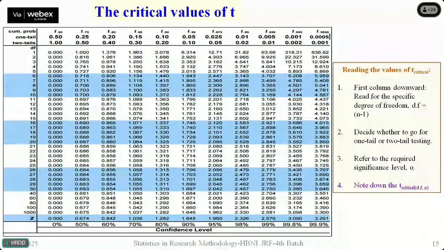Some of the tables give only one-tailed values with a certain significance level. They do not mention the confidence level. Sometimes they give two-tailed values. Definitely, in the title or note, they will mention what type of distribution they are expressing. And this is the simplest one, wherein you get the significance level as well as the confidence level.